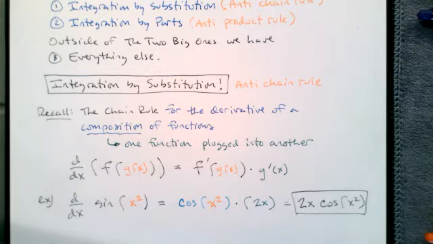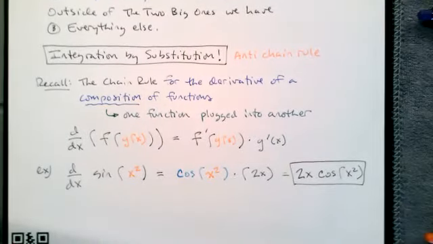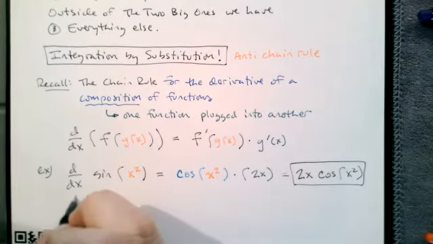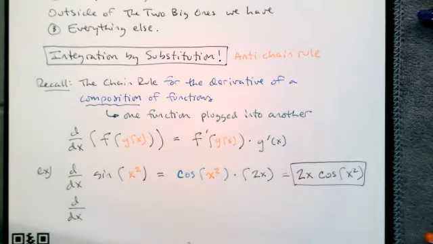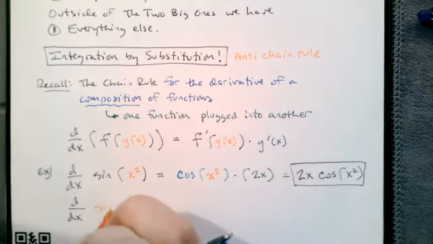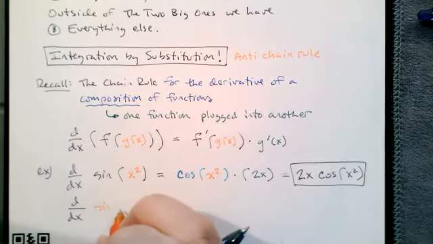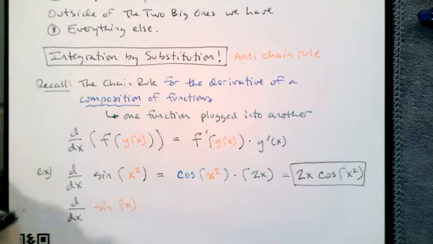But here is how we use the chain rule. The game here is to be able to identify what's outside and what's inside. So for example, if I change the order of the composition here, I could write the expression sine squared of x.